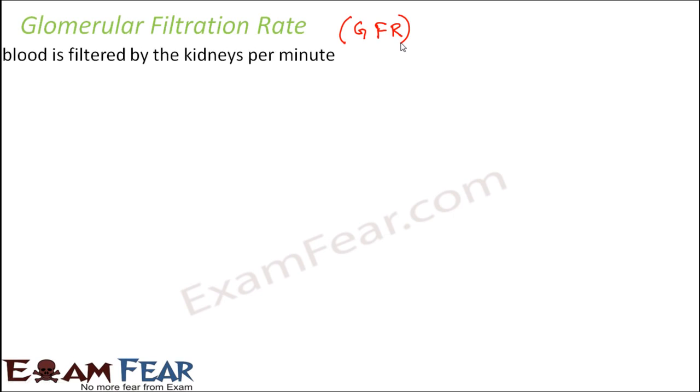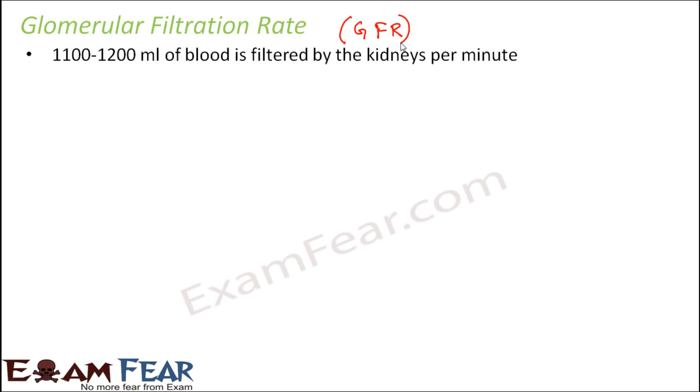Now, when we talk about filtration, it becomes important to talk about something called GFR, which is glomerular filtration rate. That is the rate at which this process of filtration takes place. Now, it has been observed that almost 1100 to 1200 milliliter of blood is filtered by the kidneys in 1 minute. So this much amount of blood is filtered by the kidneys in 1 minute.